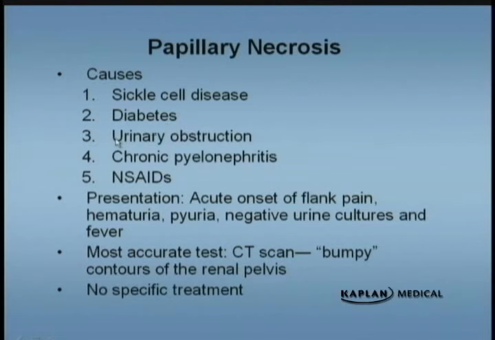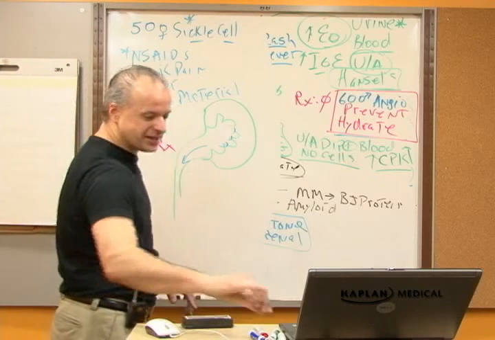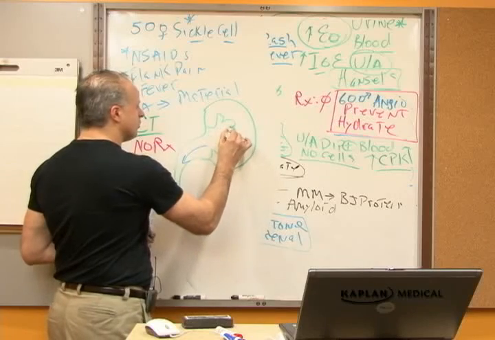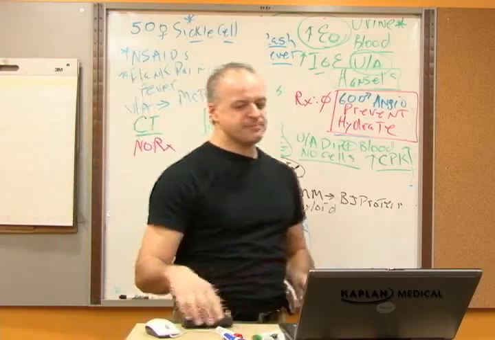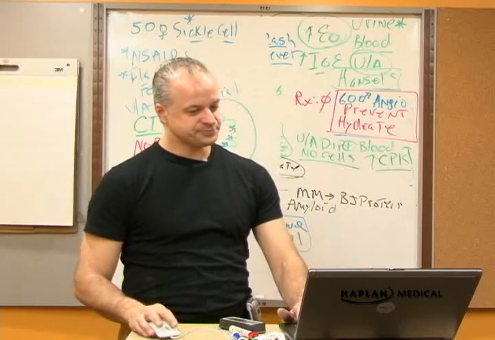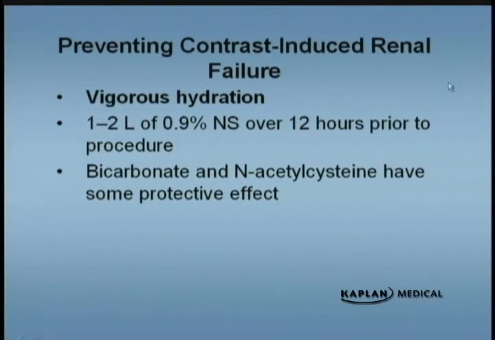It looks like a person who's got pyelonephritis, and now your CT scan shows that it's bumpy and lumpy because I just sloughed off part of my kidneys. Lumpy, bumpy. No therapy.